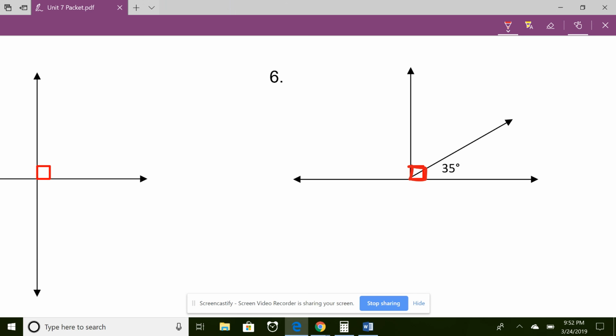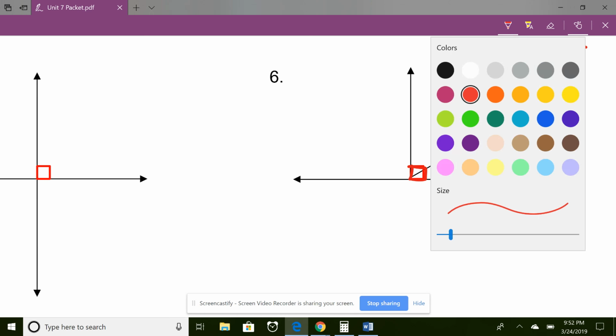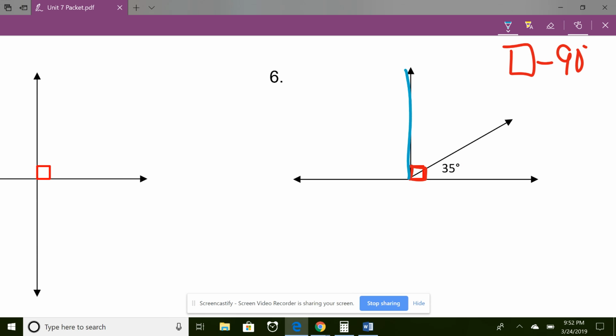Now, that box is broken down into two adjacent angles: one angle here and one angle here.